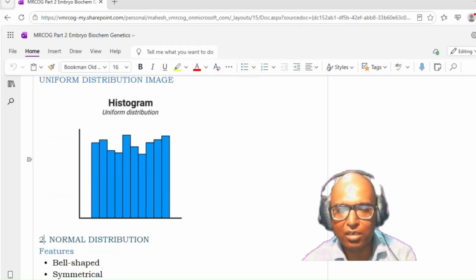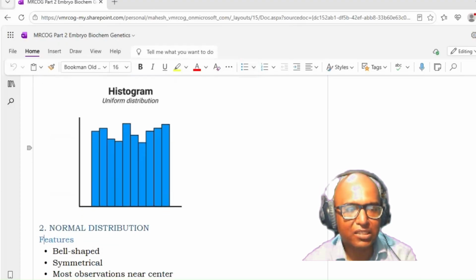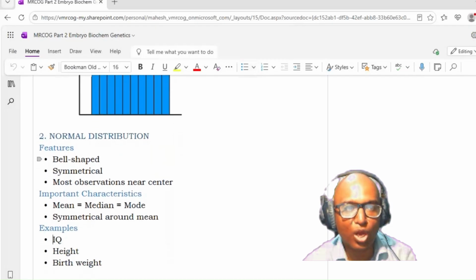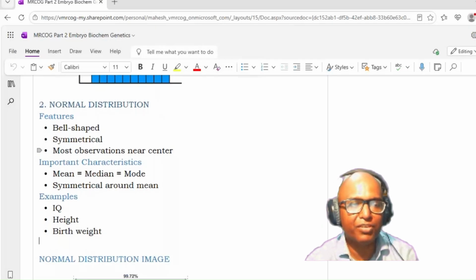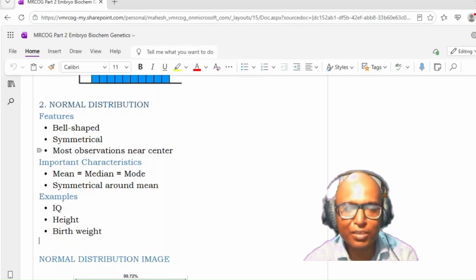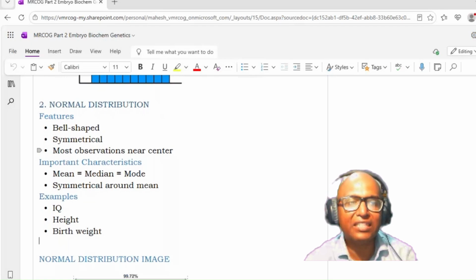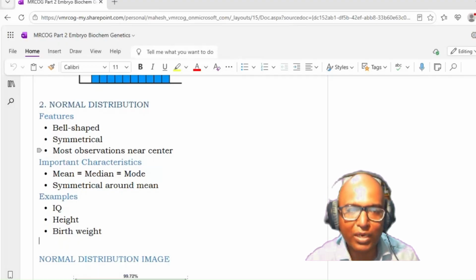This is not very frequently asked, but the most frequently asked is the normal distribution. There are always questions about the normal distribution. The feature of a normal distribution is that it is bell-shaped and symmetrical. Most observations are near the center, and the mean is equal to the median and equal to the mode.